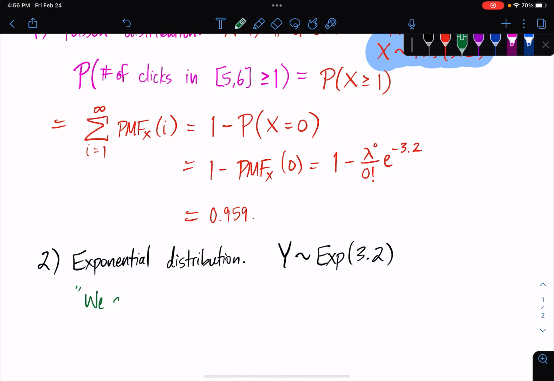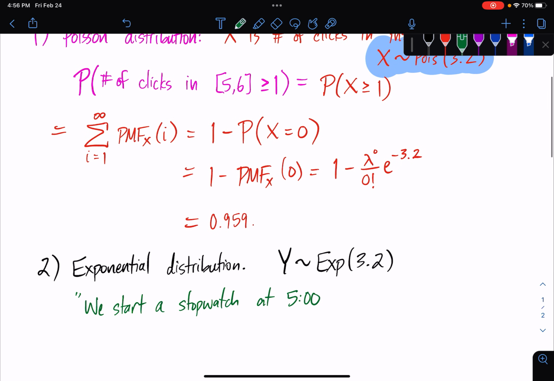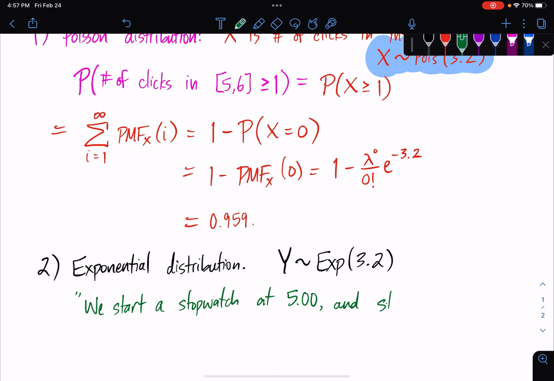We start a stopwatch at 5:00, at the 5 second mark, and stop it when we hear a click.